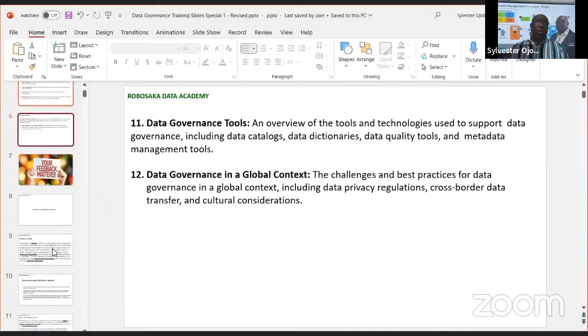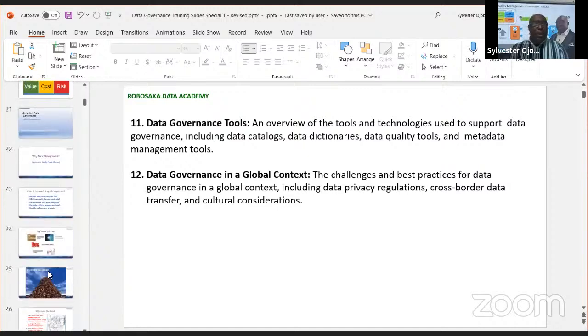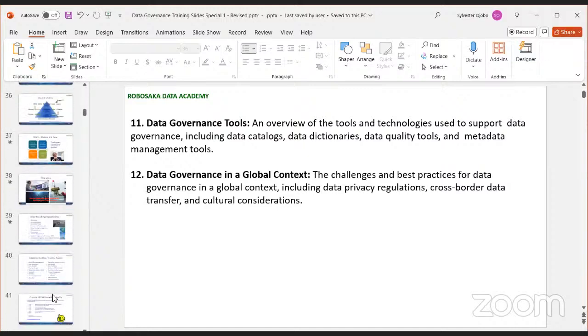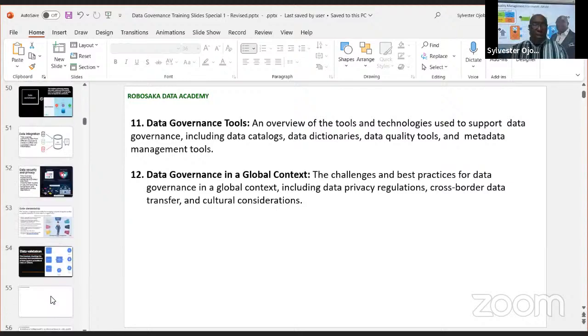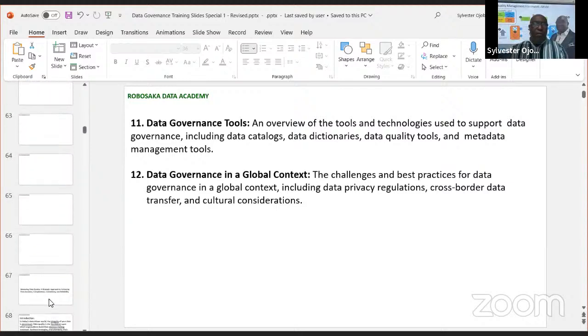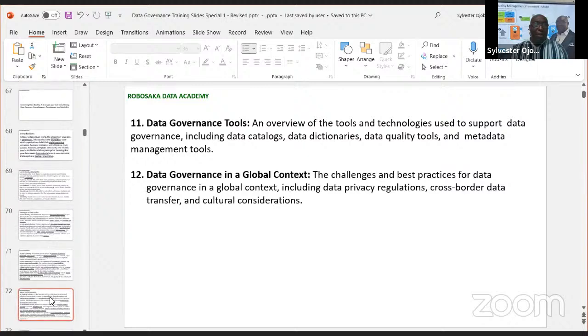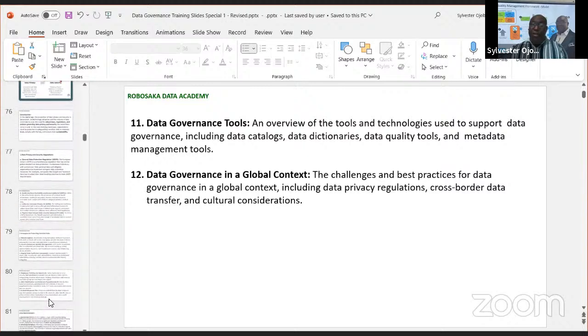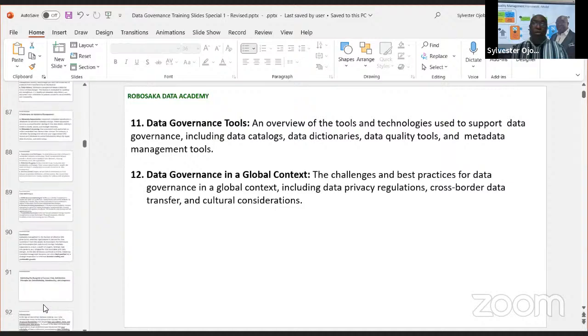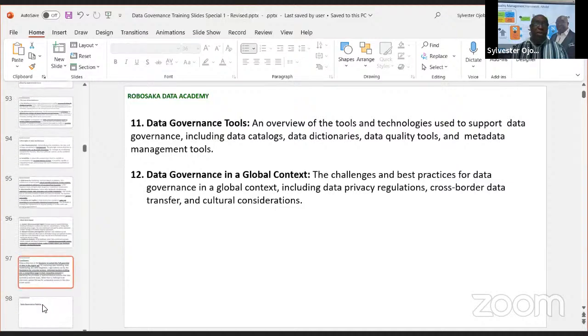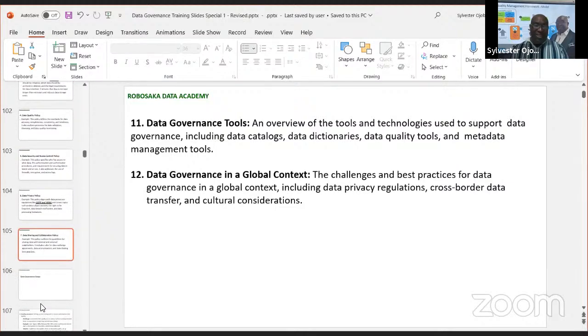Is that okay, Tony? Yes. Good. So everyone that is here, please always take notes, and whatever is sent to you, make sure you read it because there will be a time of reckoning.